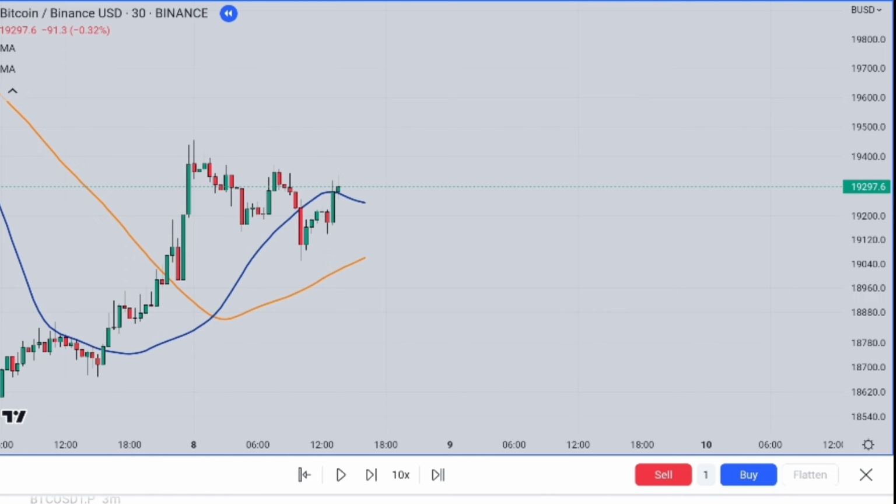Now please pay attention to this long trade. After all the entry conditions are met, I will place the stop loss level below the closest swing. Please watch.